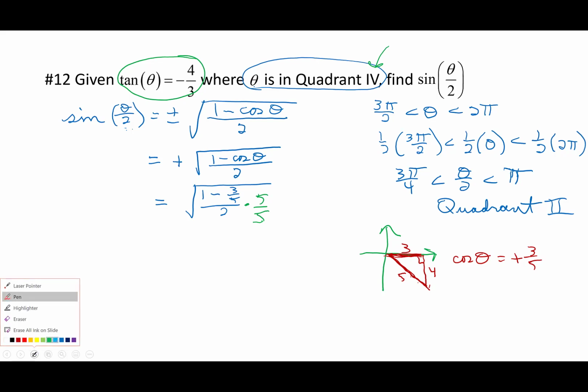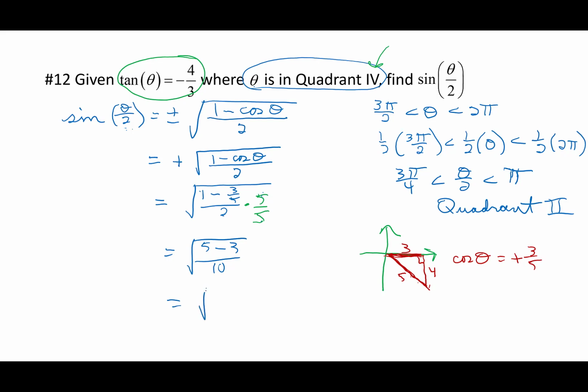And so we end up distributing 5 through to the 1. We'd have square root of (5 minus 5 times 3/5, which is 3) over (5 times 2, which is 10). We end up with square root of 2 over 10, which we'll simplify, is the same as square root of 1 over 5. That would be square root of 1 over square root 5, or just 1 over square root 5.